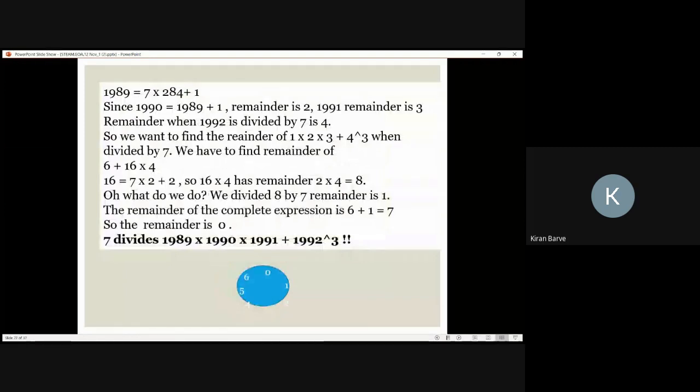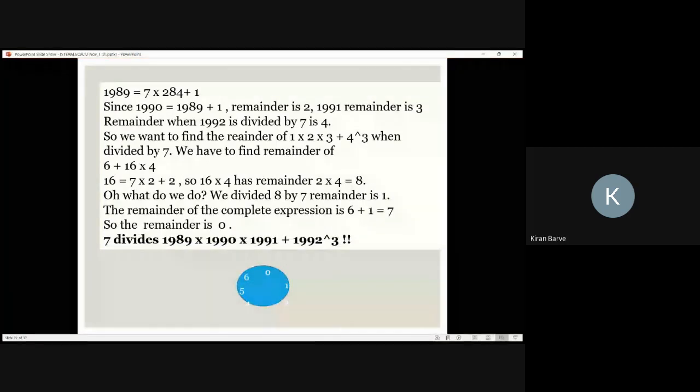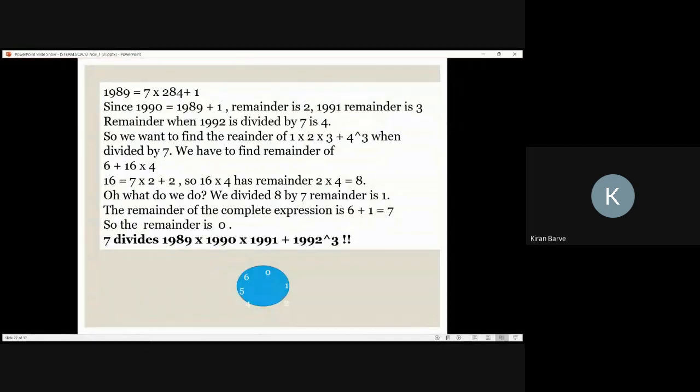You should not. Why? Because 1989 is 7 into 284 plus 1. So 1989 gives me remainder 1 after dividing by 7. So 1990 will give me remainder 2 when I divide by 7.